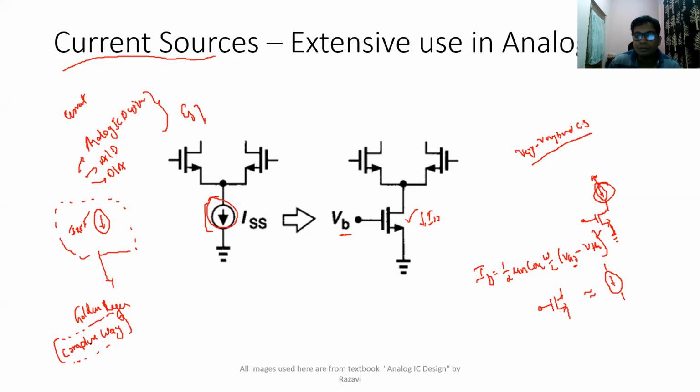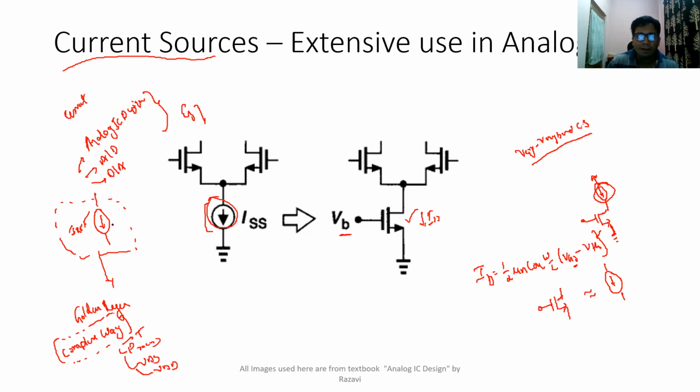Mind you, you will be using at least, if not more than, 15 transistors to just design this current source, so that it is independent of process, independent of VDS, independent of VDD, independent of temperature, and all those things. So we will spend a lot of time and design one golden reference.